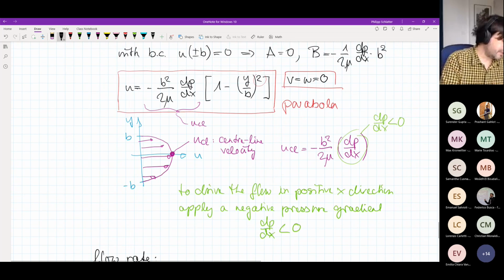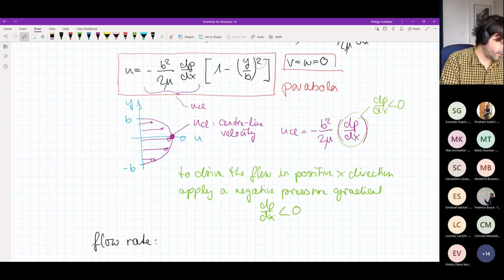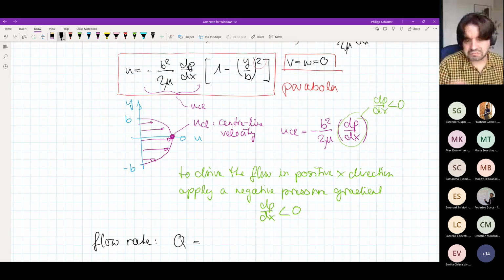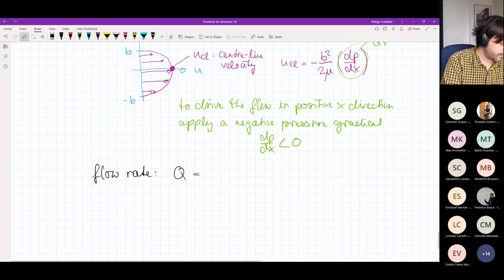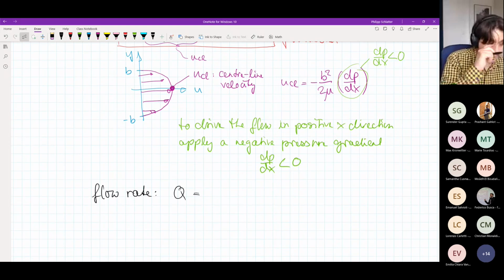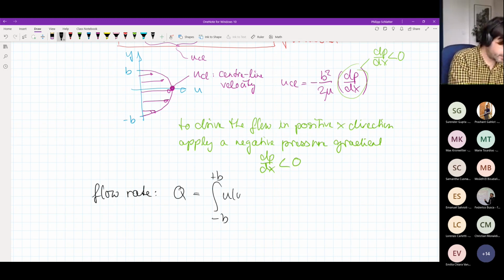But the flow rate in this channel configuration, which we can say is Q for a volume or mass flow, well, that would essentially just be the integral from minus b to plus b of the velocity as a function of y times dy.